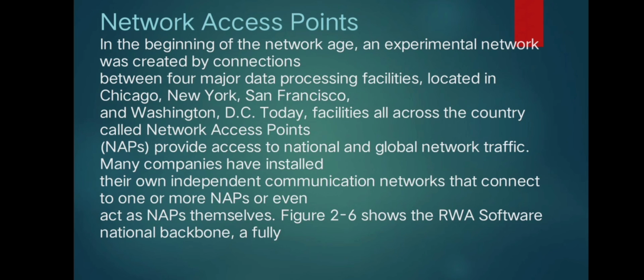Network access points. In the beginning of the network age, an experimental network was created by connection between 4 major data processing facilities located in Chicago, New York, San Francisco, and Washington, D.C. Today, facilities all across the country, called network access points, or NAPs, provide access to national and global network traffic.